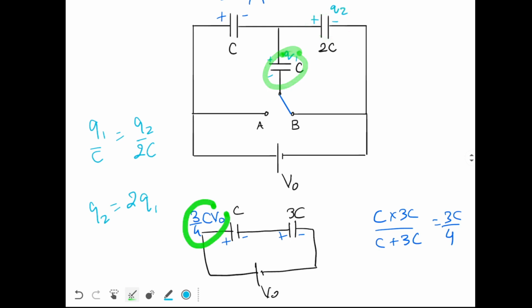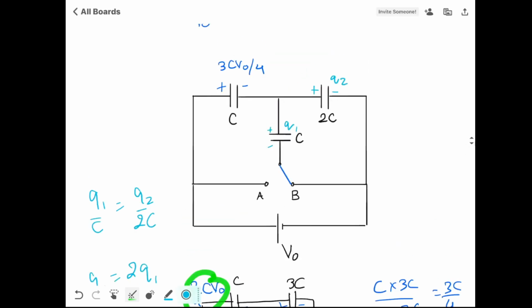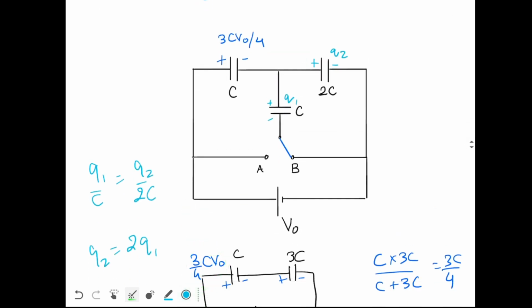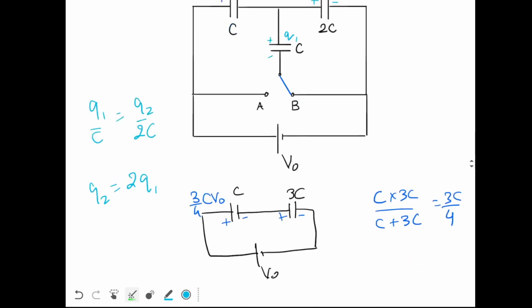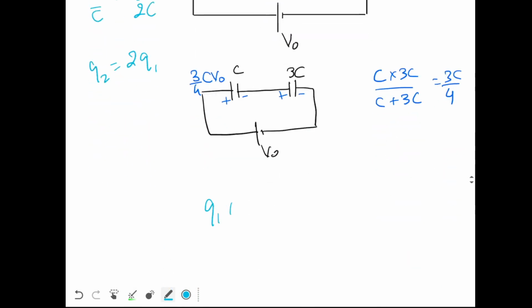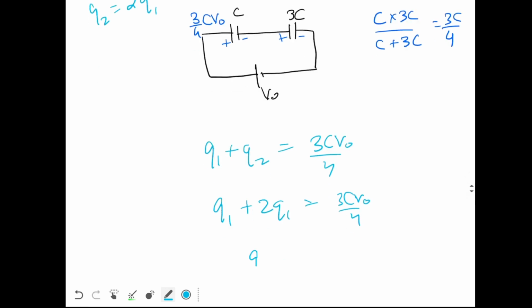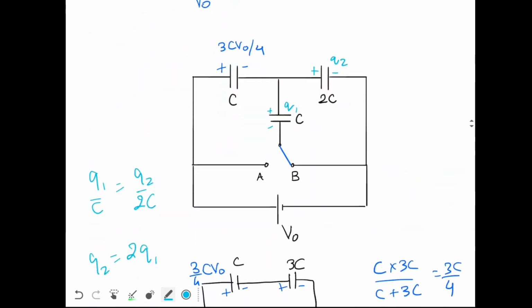So Q1 plus Q2 equals 3CV naught by 4, or Q1 plus 2Q1 equals 3CV naught by 4, so Q1 will be CV naught by 4.